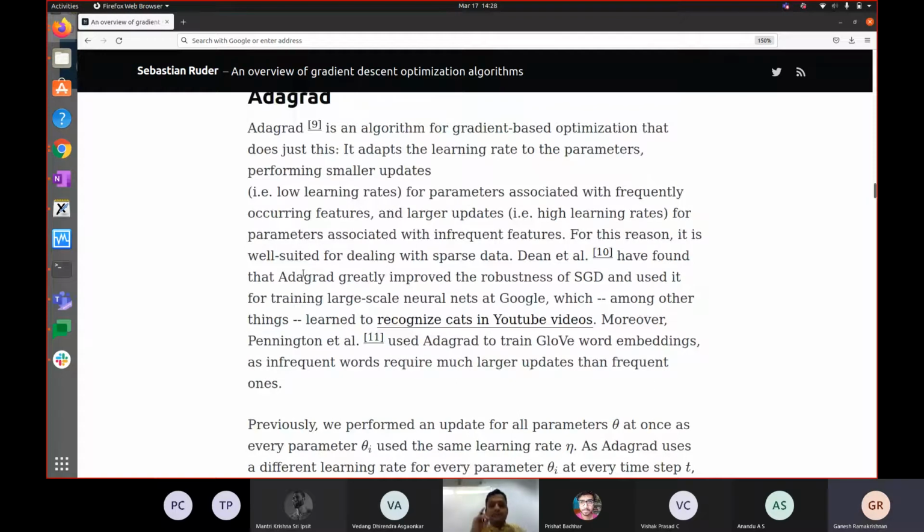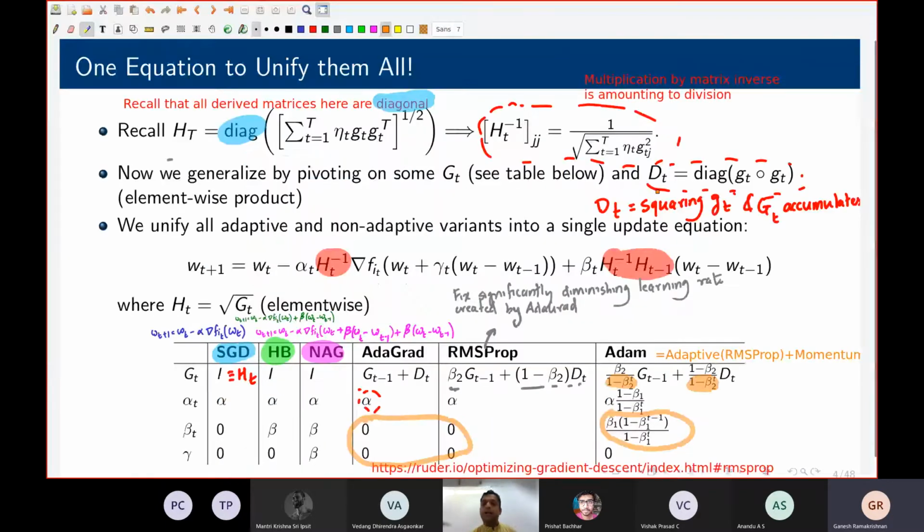Adagrad, as I said, adapts the learning rate to the parameters, performing smaller updates for parameters associated with frequently occurring features. This is an interesting point, which I should highlight here. I told you that all these divisions are done through matrix inverse multiplication. So wherever you see matrix inverse multiplication, there's a division. But what is it effectively doing, this division?